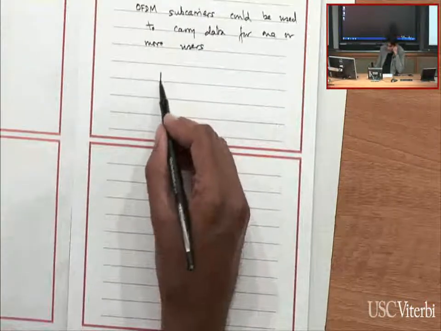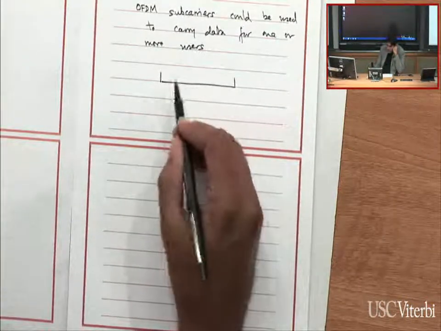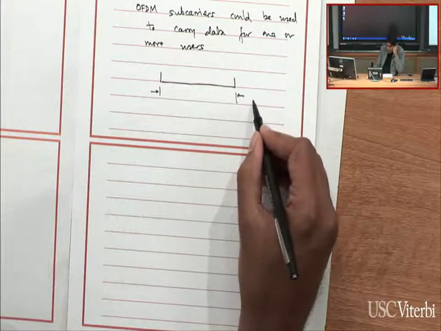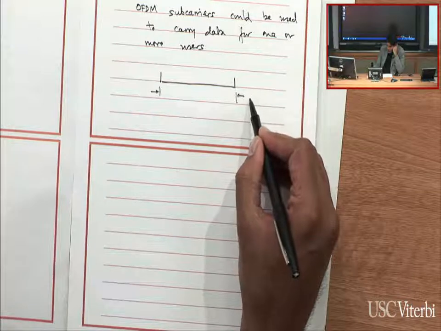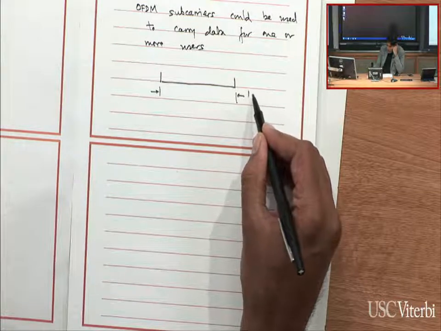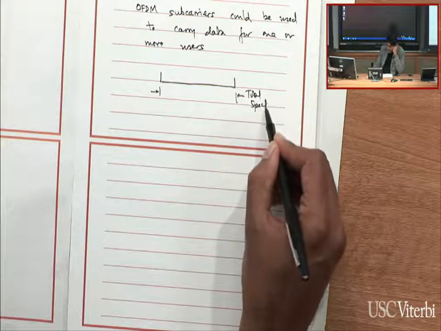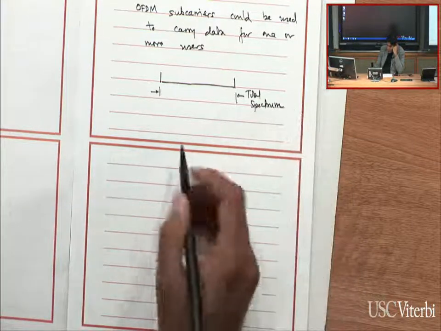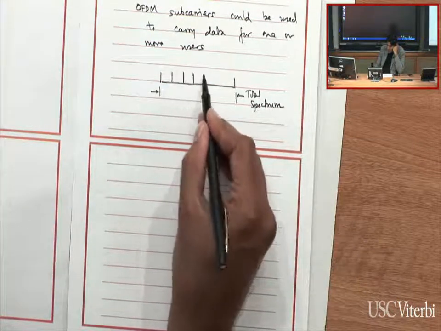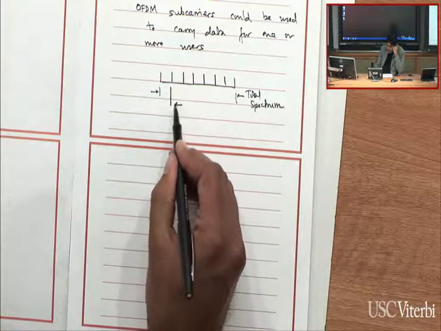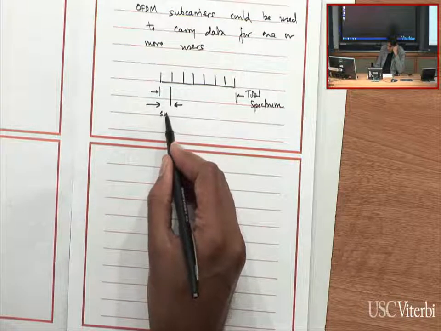But conceptually, the way to think about OFDM is that you have a certain channel, like, let's call it the total spectrum. And what we're doing is we're splitting it into smaller and smaller portions, each of which is called a subcarrier.